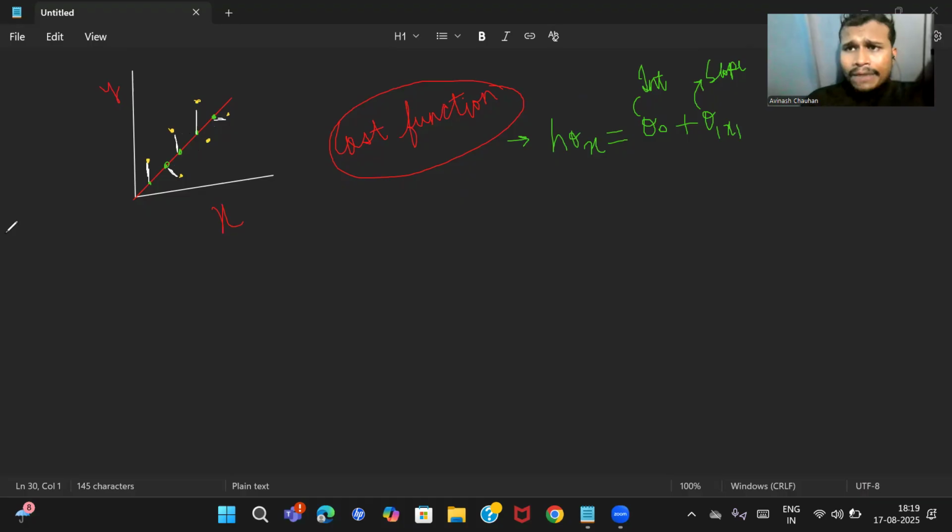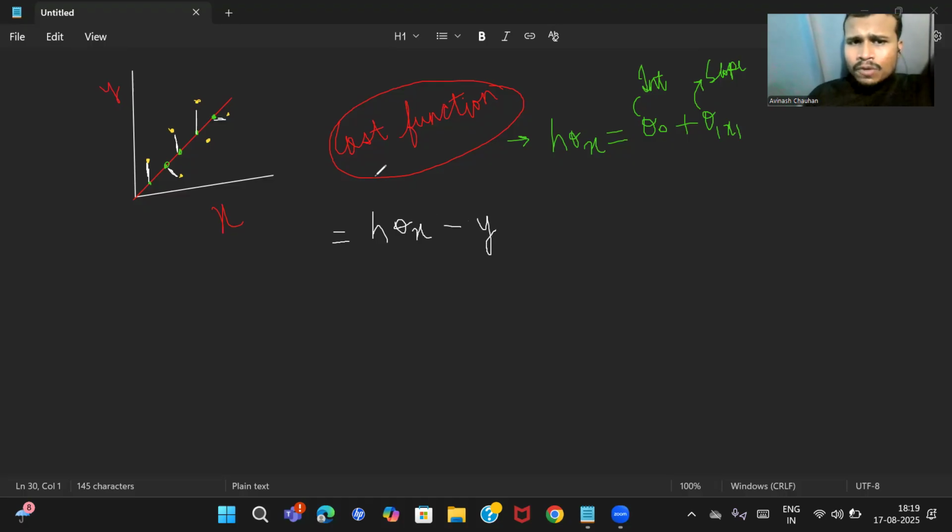So I have told you how we can calculate the distance. The very first thing is the error, when we write h theta of x minus y.